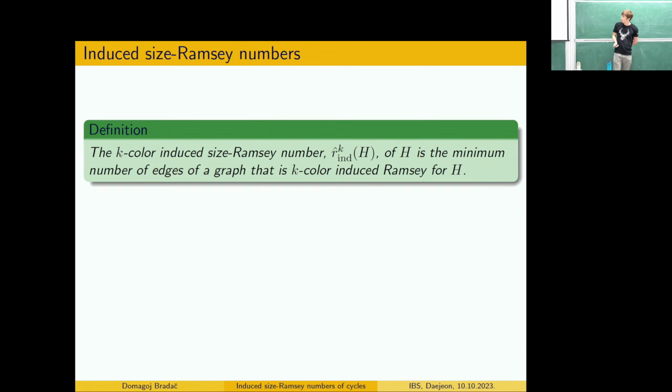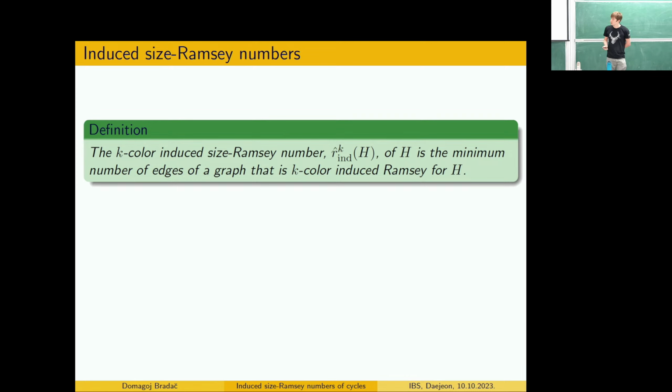And now, combining these two notions, we arrive at the main definition of this talk, of induced size-Ramsey numbers. And you can probably guess the definition. So given a number of colors k and the graph h, the k-color induced size-Ramsey number is the minimum number of edges in a graph which is k-color induced Ramsey for h.